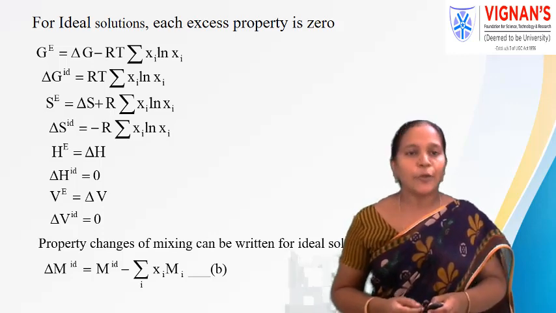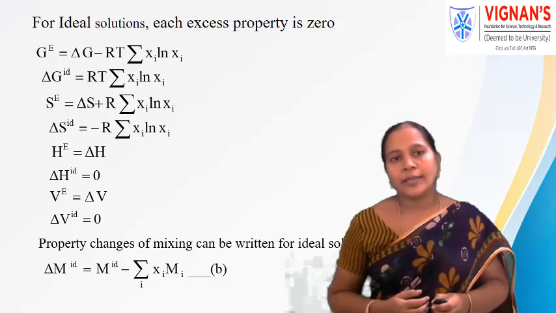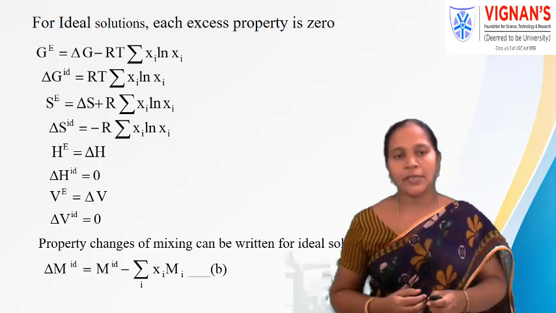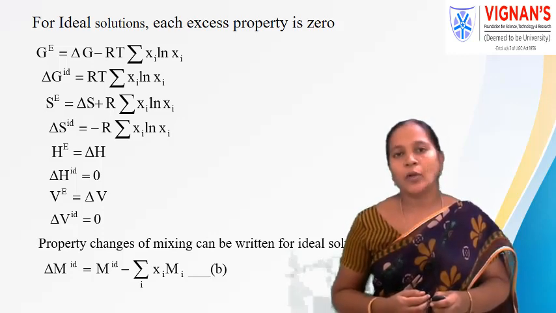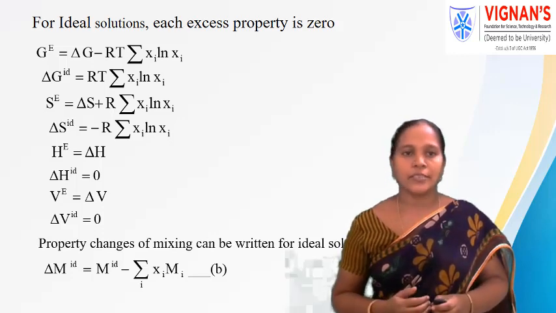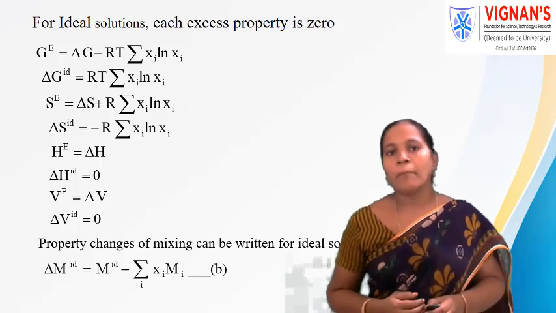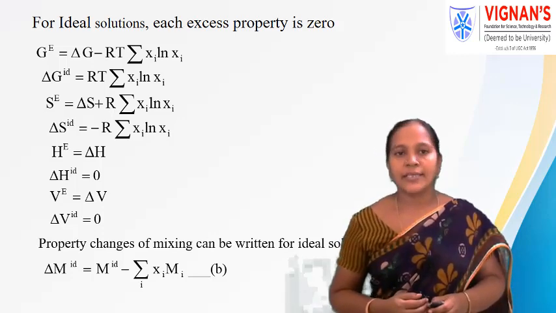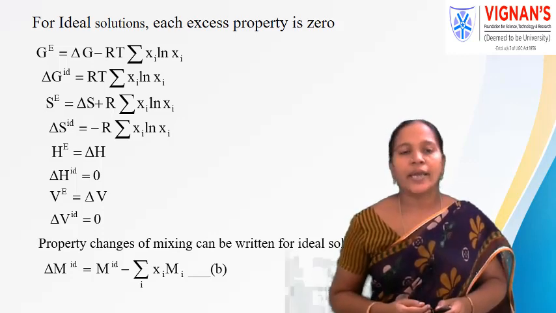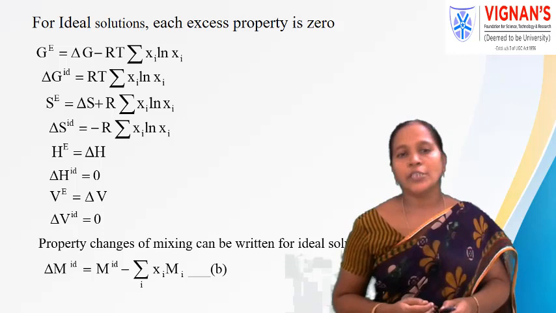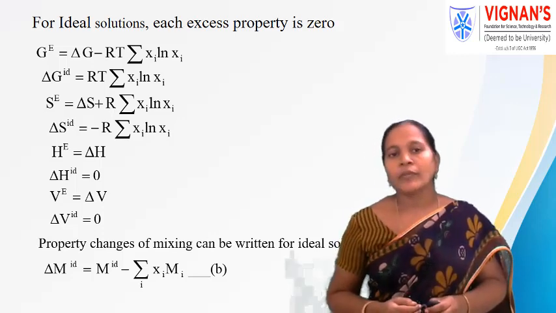Similarly, for entropy, enthalpy and volume, all SE, HE, VE terms get cancelled because excess property is 0. Therefore, delta S ID is equal to minus R sigma xi ln xi. Similarly, delta H ID is equal to 0, and delta V ID is equal to 0.